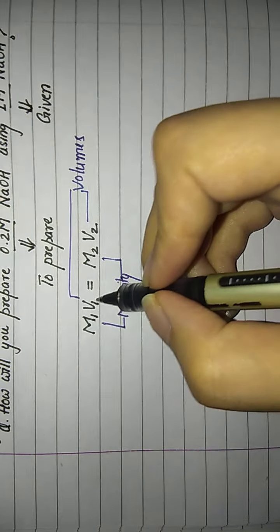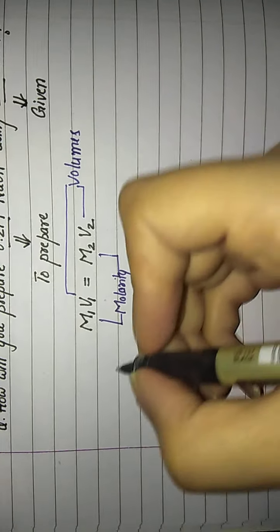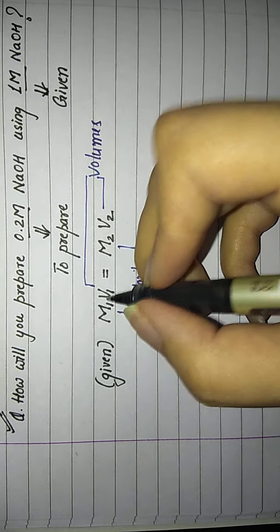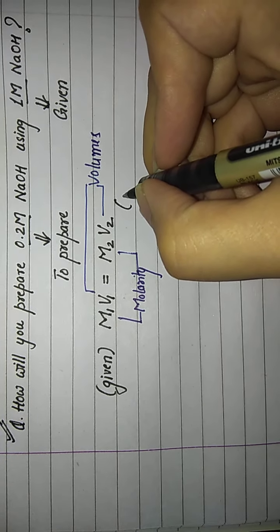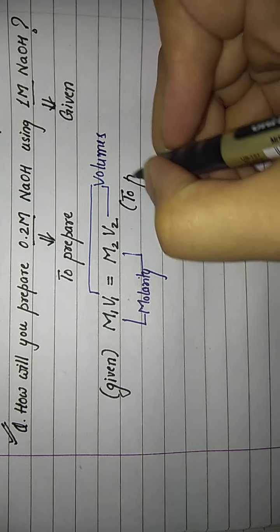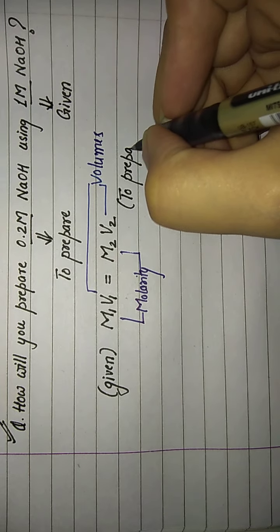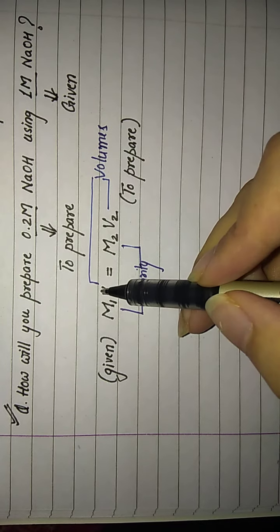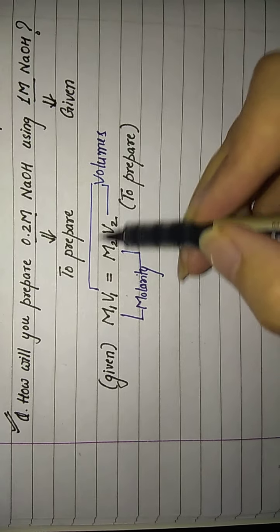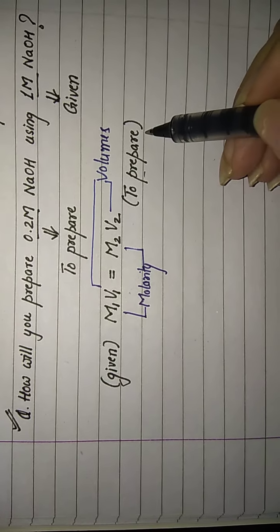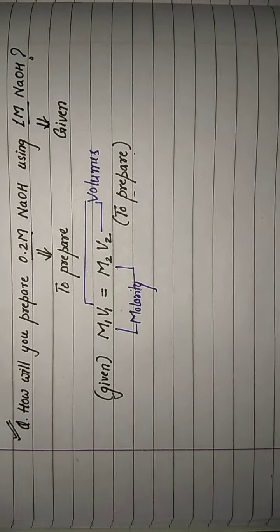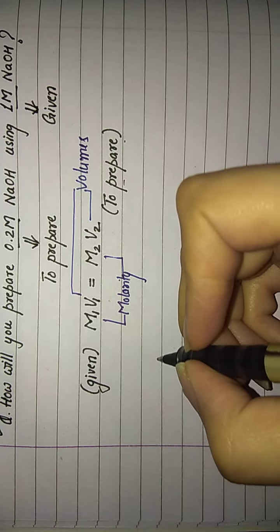Now the left hand side portion is the given portion, the solution which is given to me, and the right hand side is the portion that I have to prepare. So this information is for the given solution and this information is for the solution which has to be prepared. Now let me see how I am going to translate this in words.